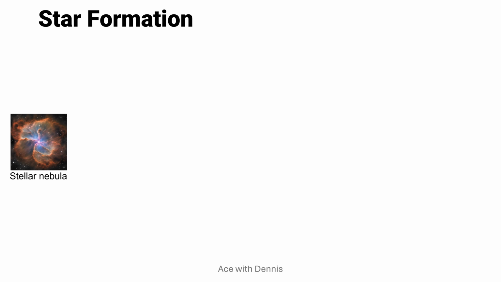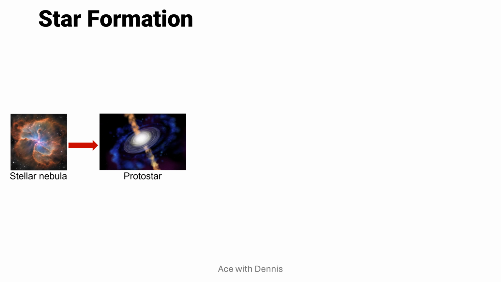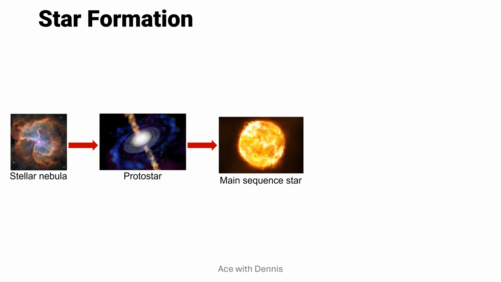As we have discussed previously, all stars are formed with the first three stages. The first stage is the stellar nebula, followed by the second stage, the protostar, and the third stage is the main sequence star. Once it becomes the main sequence star, then it will depend on its mass, and we can compare it to the Sun.